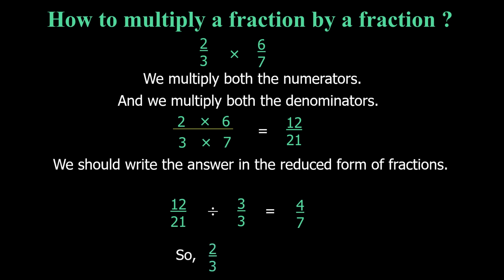So the answer is 2 by 3 into 6 by 7 is equal to 4 divided by 7. So to add and subtract, we should not add or subtract the denominators. To multiply, we can multiply the denominators.